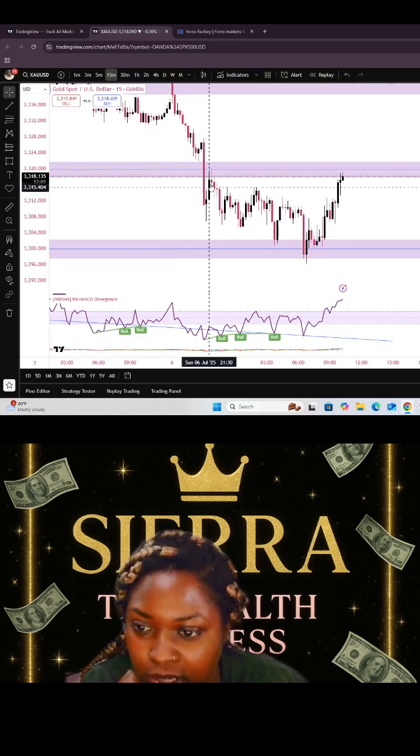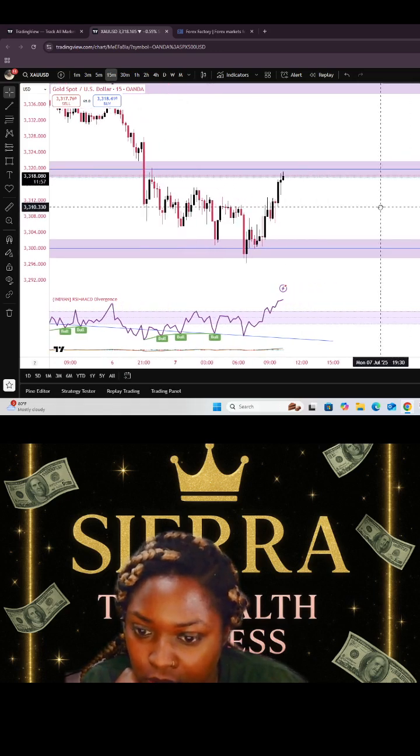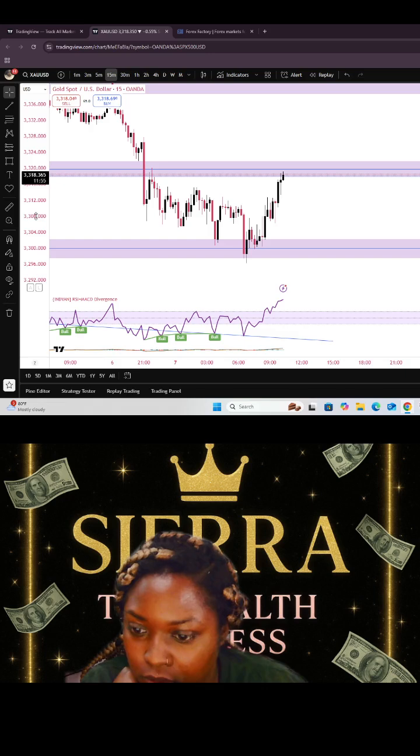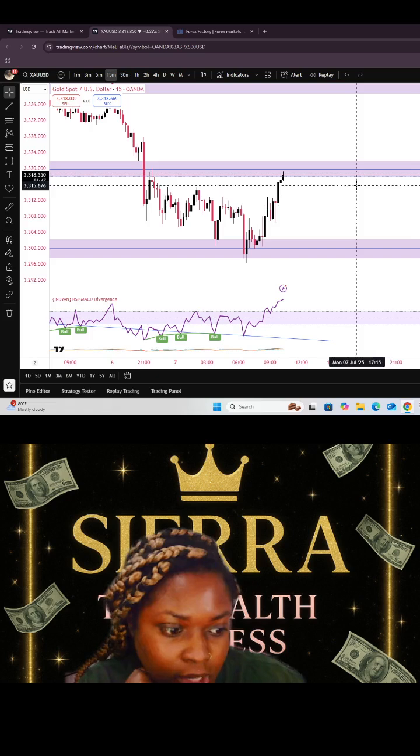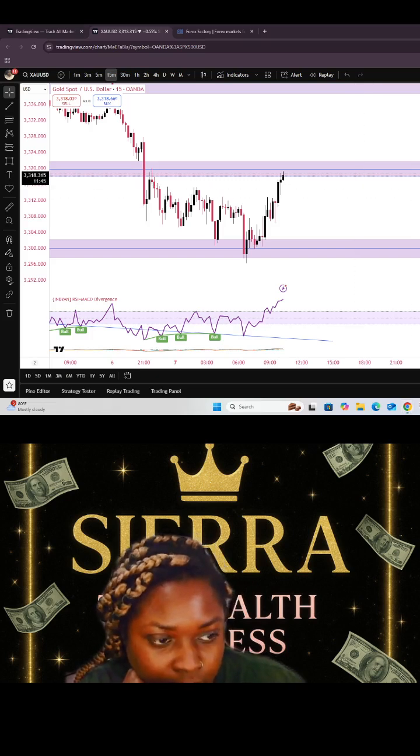As you can see, price has already reacted once to this zone. So let's see what happens when it comes back. My alert is set on USD CAD.